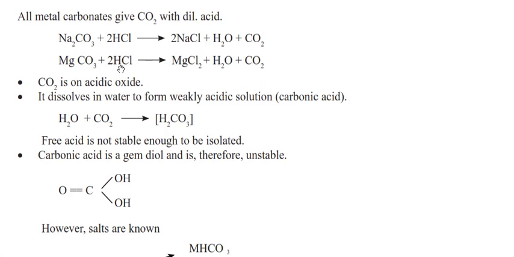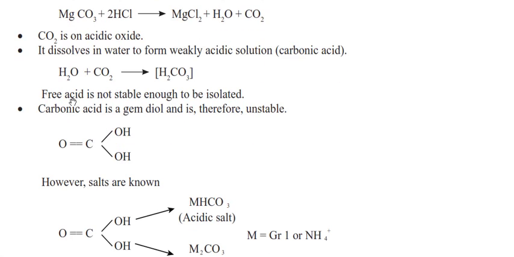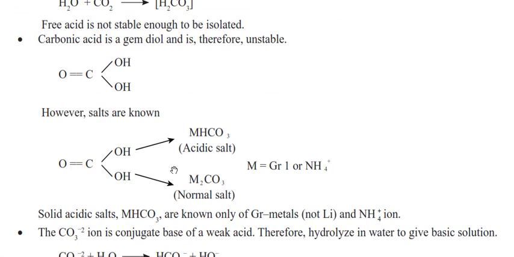So this is a slightly acidic oxide, and if you dissolve carbon dioxide in water, you produce carbonic acid. The free acid is not stable and cannot be easily isolated. Carbonic acid is a gem-diol and therefore it is unstable. However, salts are known.